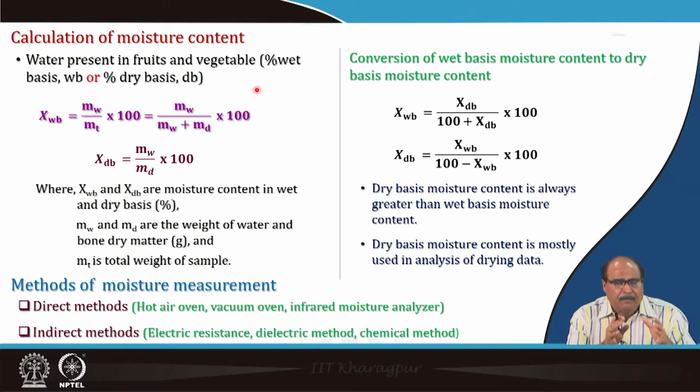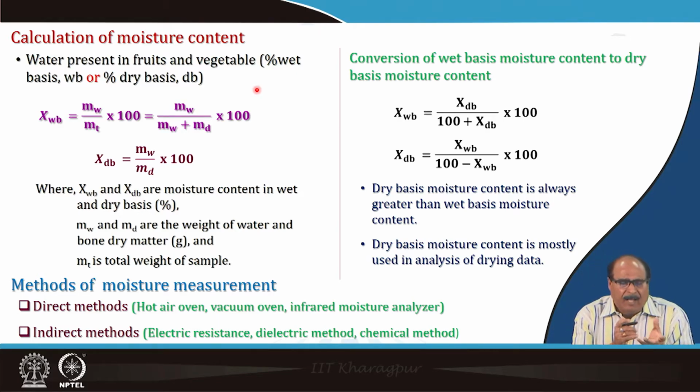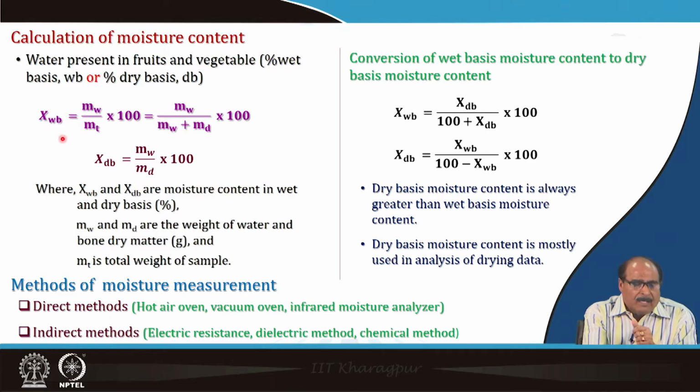The water present in fruits and vegetables, or for that matter any commodity, is generally expressed either on the wet basis, that is WB, or on the dry basis, DB. So, water content on wet basis, X_WB, is equal to MW by MT multiplied by 100, or MW by (MW plus MD) multiplied by 100.